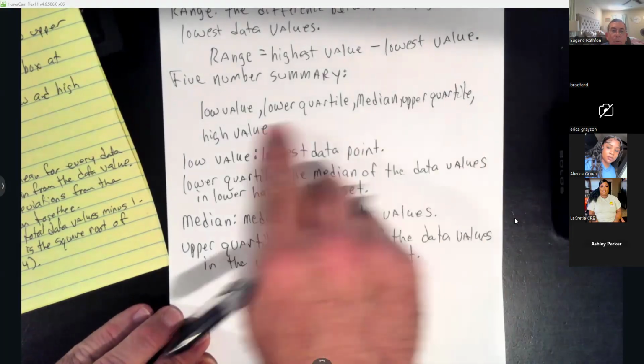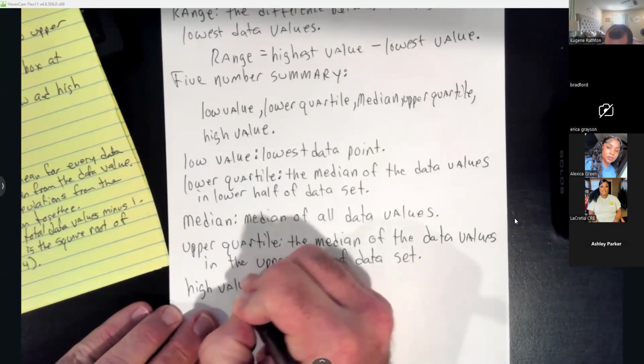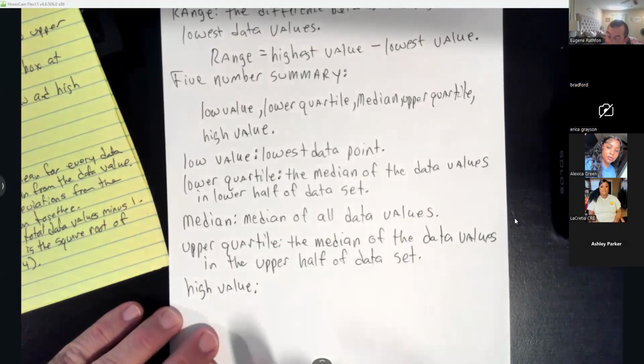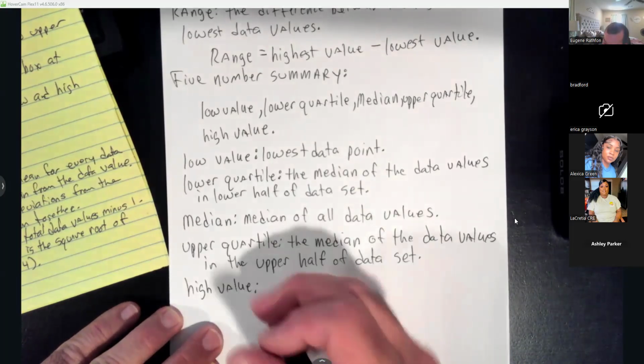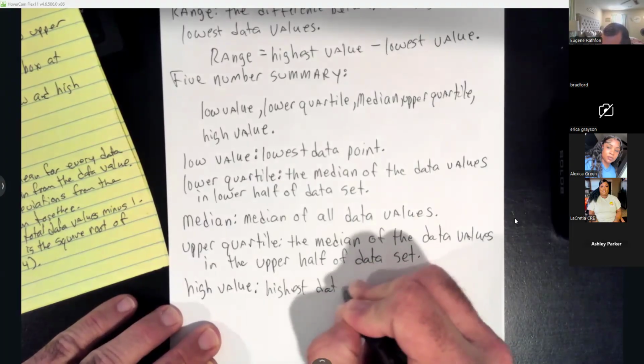All right, y'all. Then the last one was the high value. And y'all, that's just like the low value. If the low value was the lowest data point, the high value is the highest data point.